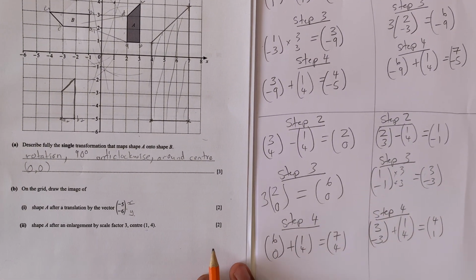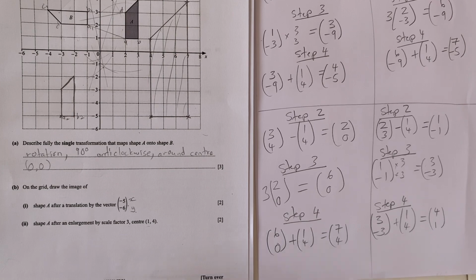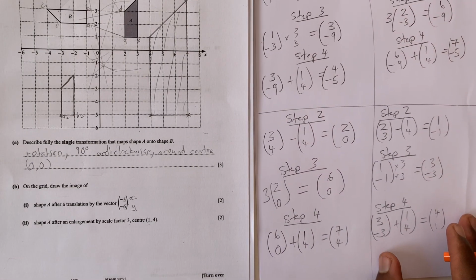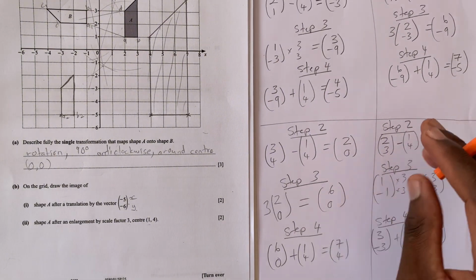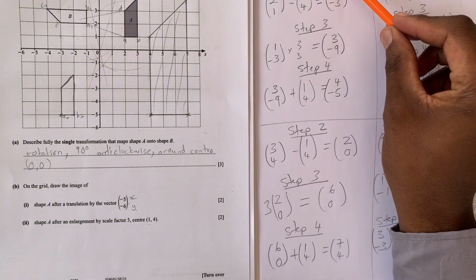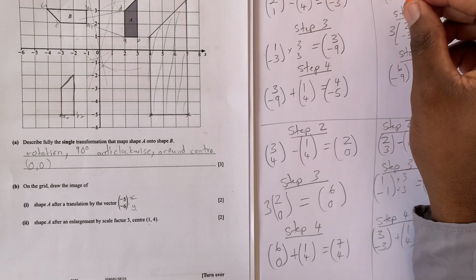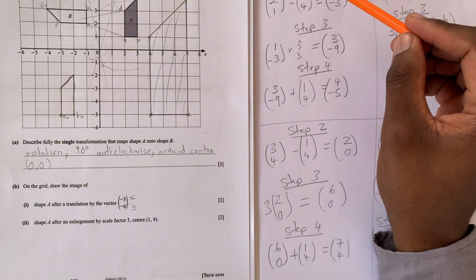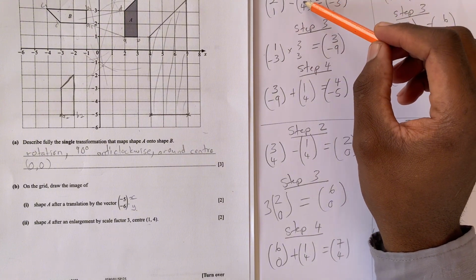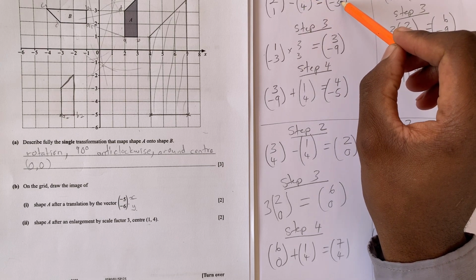So the most important thing to remember, I'm going to summarize the steps. What we do first, we list all the points of the shape that we want to enlarge. And after we've listed all the points, first we are going to calculate the distance from the point to the new center. This is why we subtracted the coordinates of the center to get this vector.